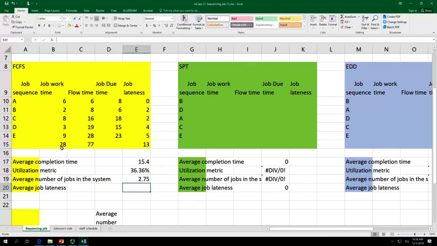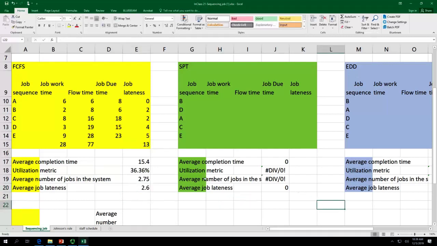So that means on average, there will be 3 jobs in the system. 1 is working, 2 are waiting. Okay, 1.7 is waiting. And job lateness is 13 divided by 5.